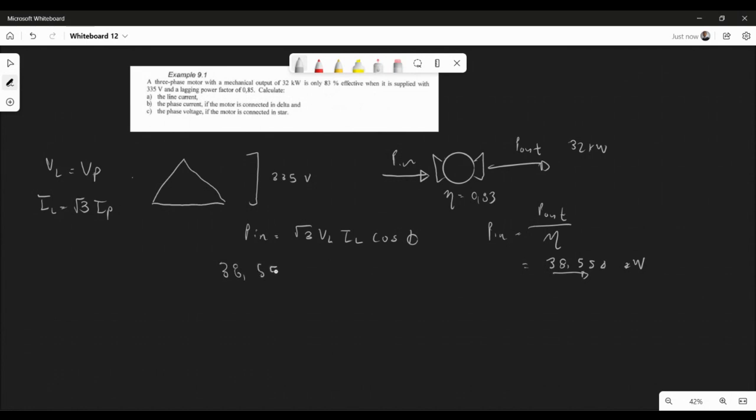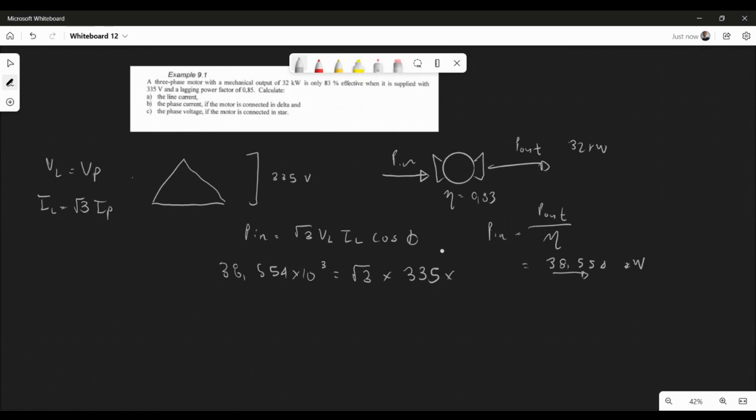So it's 554 times 10 power 3, that's √3 times 335. I just want to make you aware, typically line voltage is given unless stated otherwise. That's what we can actually measure.